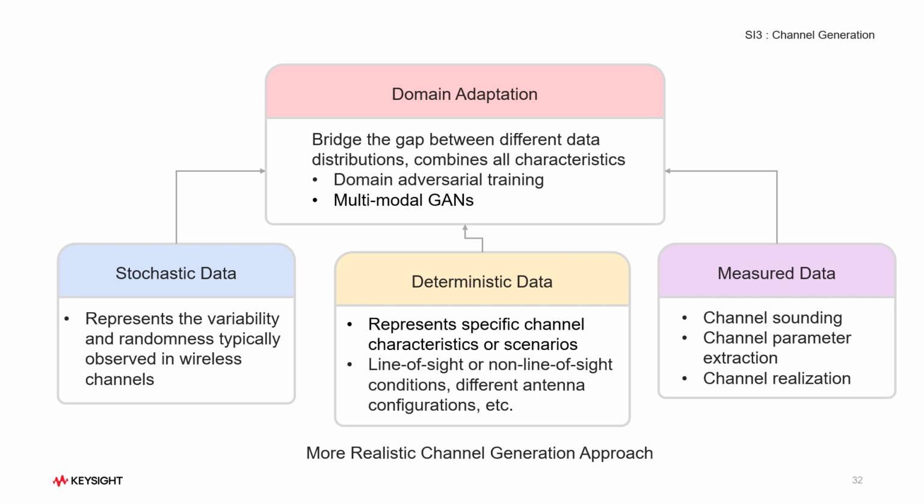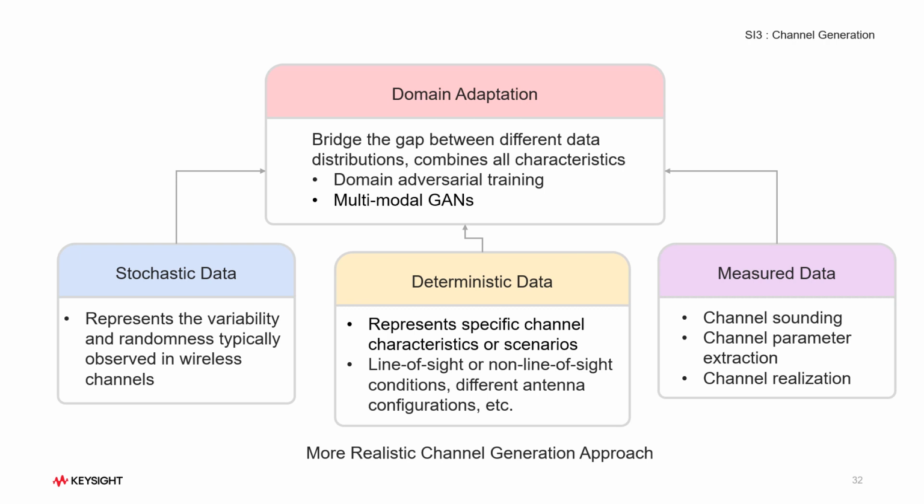I'd like to introduce a new way of creating more realistic wireless channels. Stochastic channel data represent the randomness in the wireless channel. Deterministic channel data represents specific scenarios or characteristics you want to simulate, like line-of-sight or non-line-of-sight conditions. Measured data is information we get from real-world measurement of the channel in specific locations.